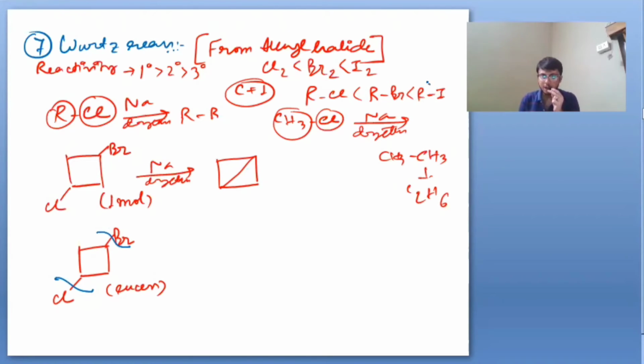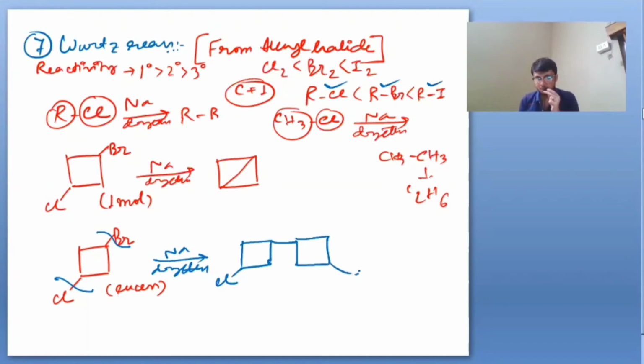That is RI greater than RBr greater than RCl. So that means the Br bond here will be more reactive than the Cl, right? So the Br bond will be opened. So if we just give it Na dry ether, it will give us a molecule like this, because the Br bond gets open. Okay, so this will be the molecule, right?